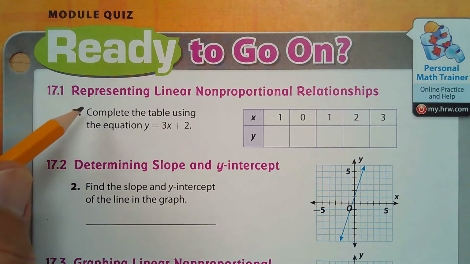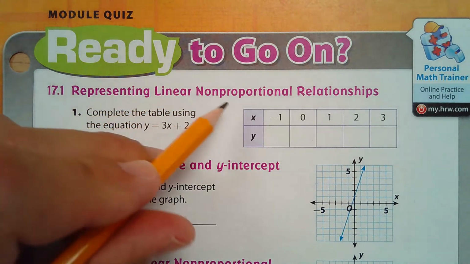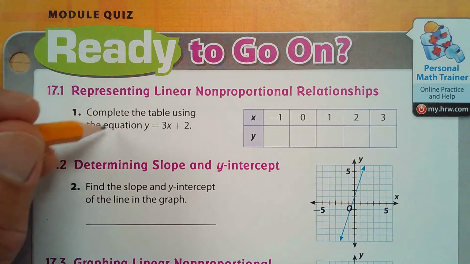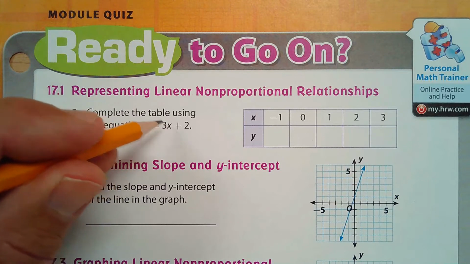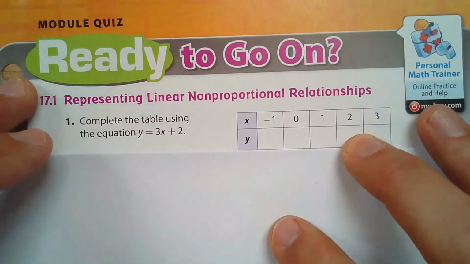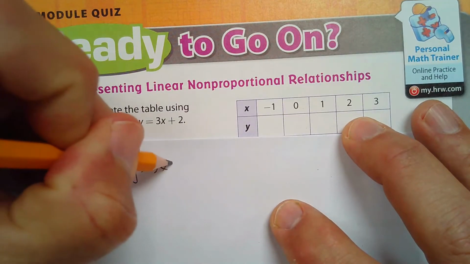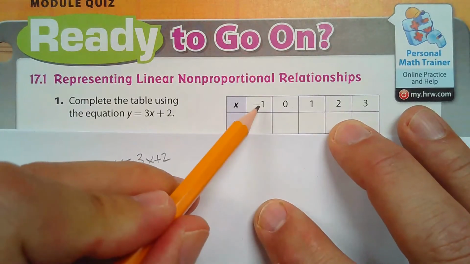So the first one here, representing linear non-proportional relationships, complete the table using the equation 3x plus 2. Let's see, I got a piece of paper here. So y equals 3x plus 2, and we have first -1.